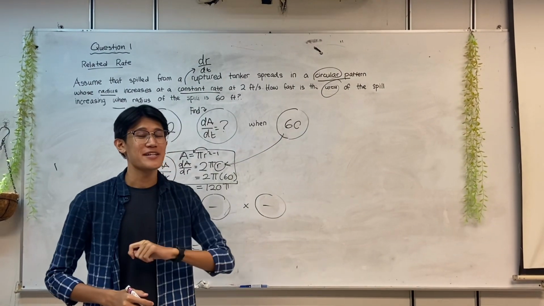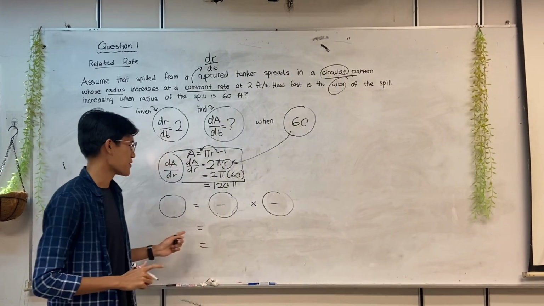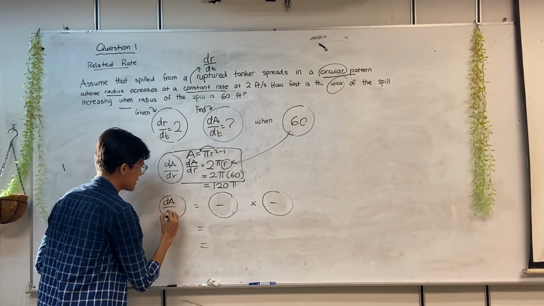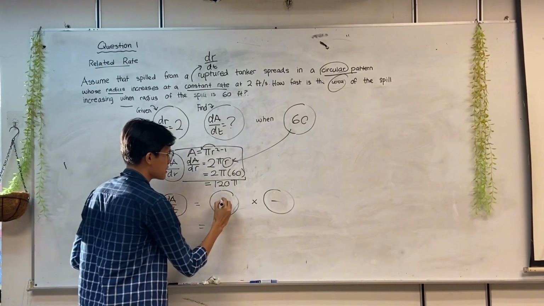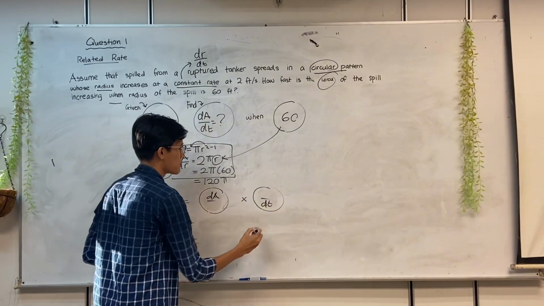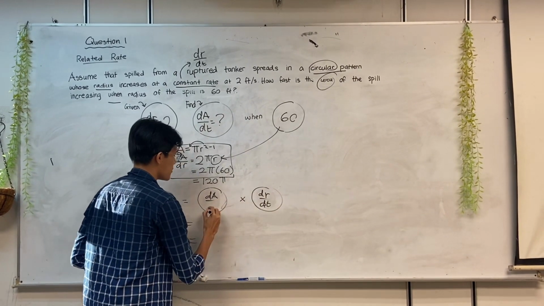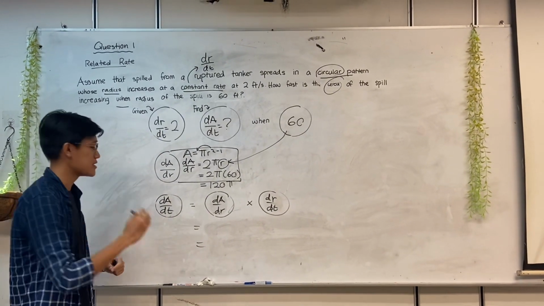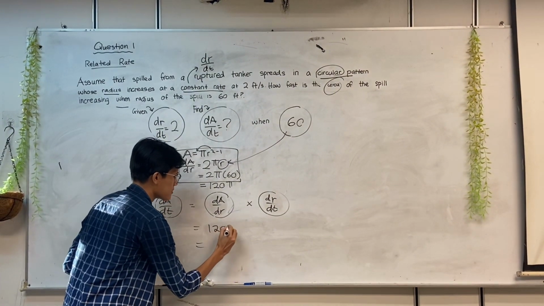The third and final step is what do we actually need to find? Now, we need to find dA over dt. So we put here dA and we put here dt. And we fill both of the blanks with dr. Now, dA over dr we already found in the previous step, which is 120 pi.